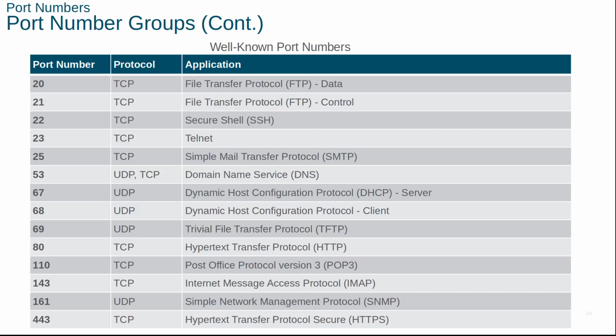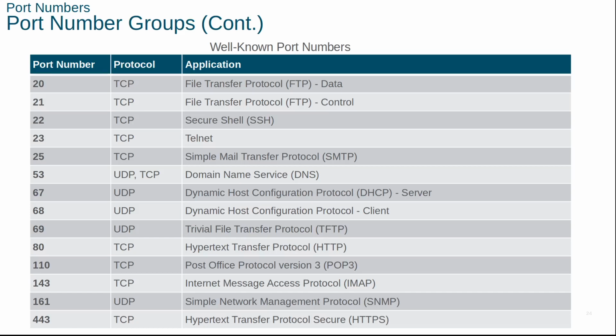Port 80 is HTTP, Hypertext Transfer Protocol, which is plain text over the internet. That's what your web page is using, right? Alternatively, you might be using HTTPS, Hypertext Transfer Protocol Secure, and that uses port 443. Both of those are TCP.